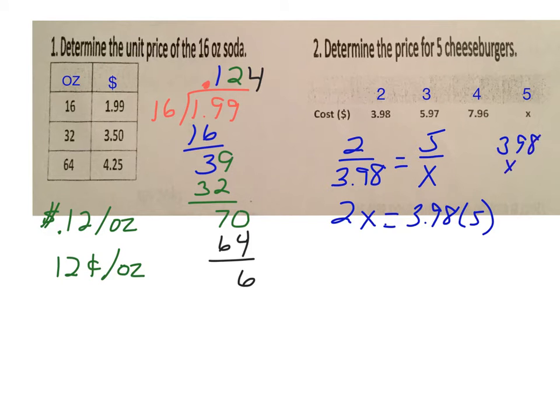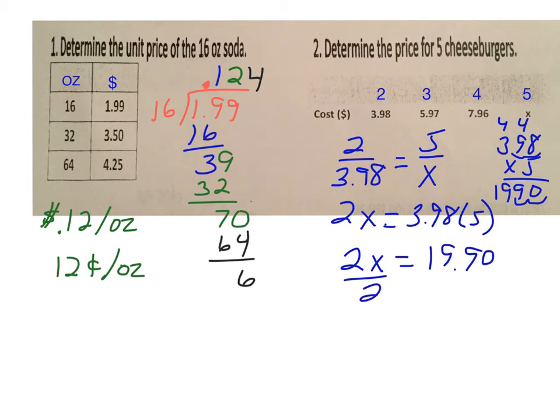3.98 times 5. Do not forget to add in those 2 decimal spots right here by starting at the end and moving in. So that is 2x equals $19.90.